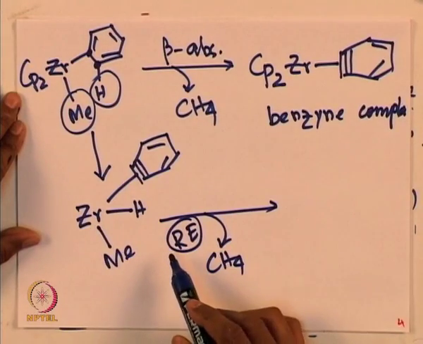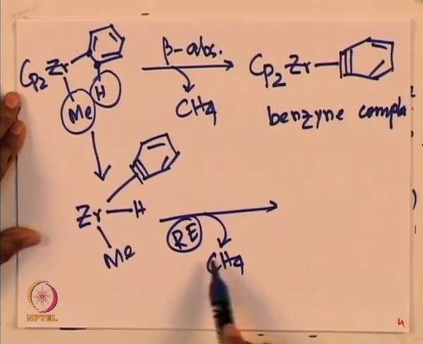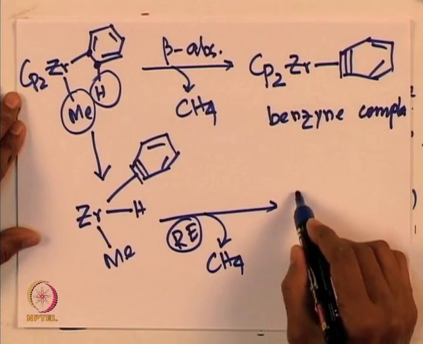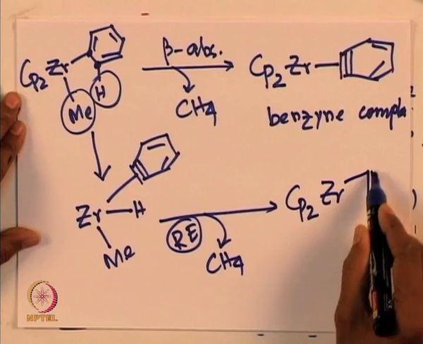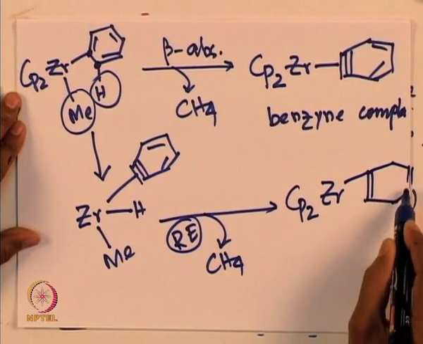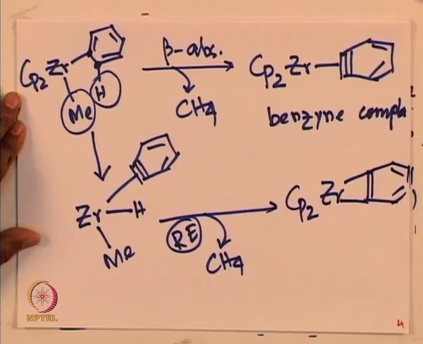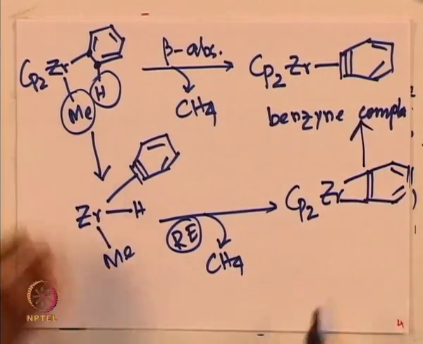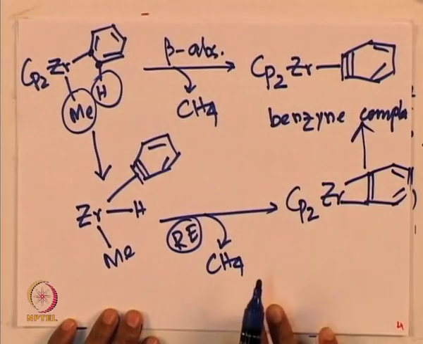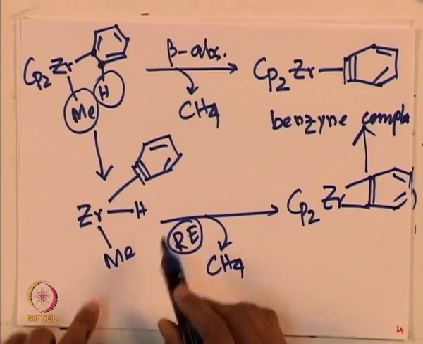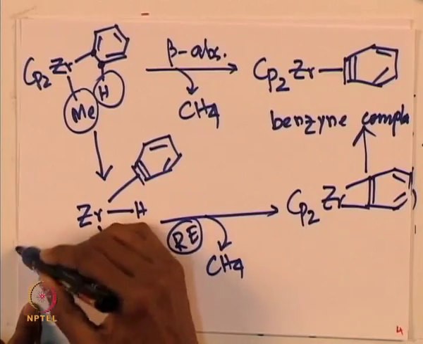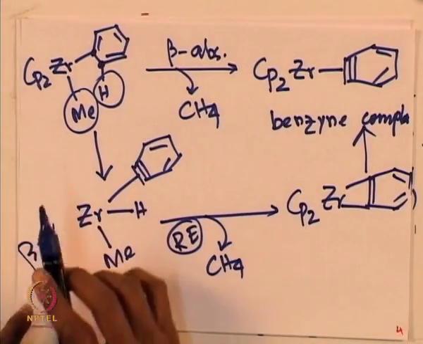So this is going to be your first step, and then subsequently methane elimination. Overall, you should get an Sp2 zirconium and this intermediate, which should then give you the final product. These two products are exactly the same. Now, the one we are talking about is the beta elimination reaction.